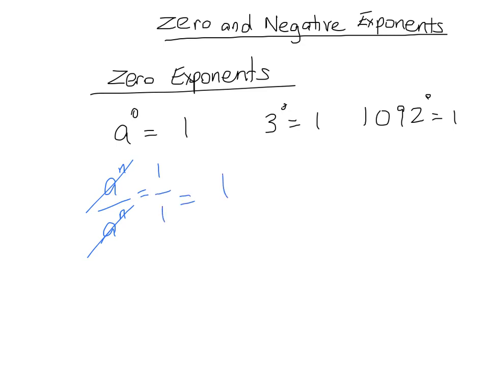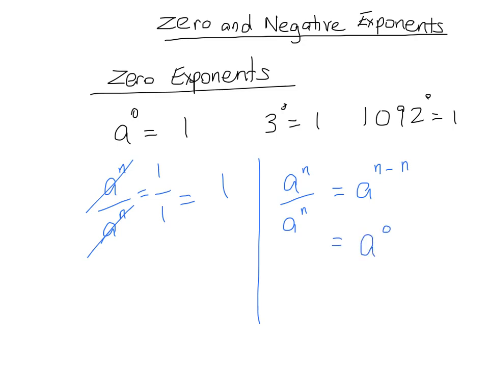Well, what does that have to do with anything? Let's try the same thing again. a to the power of n over a to the power of n. If you remember your laws of exponents, that's actually equal to a to the n minus n, which is equal to a to the 0.